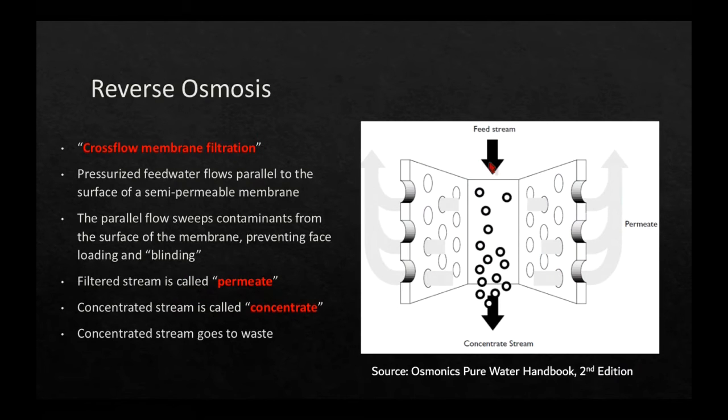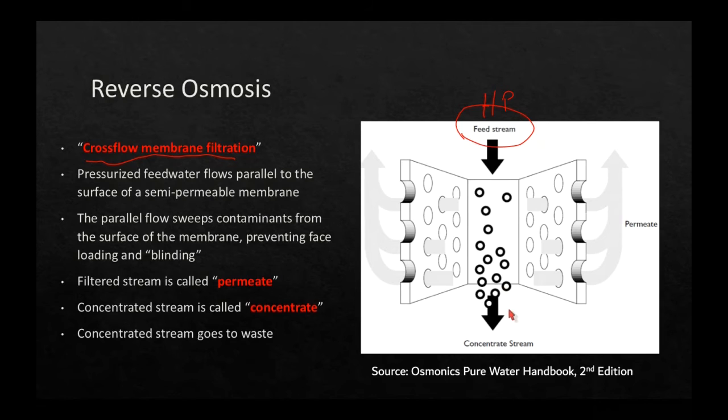Now, we don't want that stuff to go directly through the membrane. What is preferable is if we have something called a cross-flow membrane. So we make the high pressure here, and there's actually a flow that's at a tangent to the membrane. So we're not putting stuff in at right angles to the membrane.